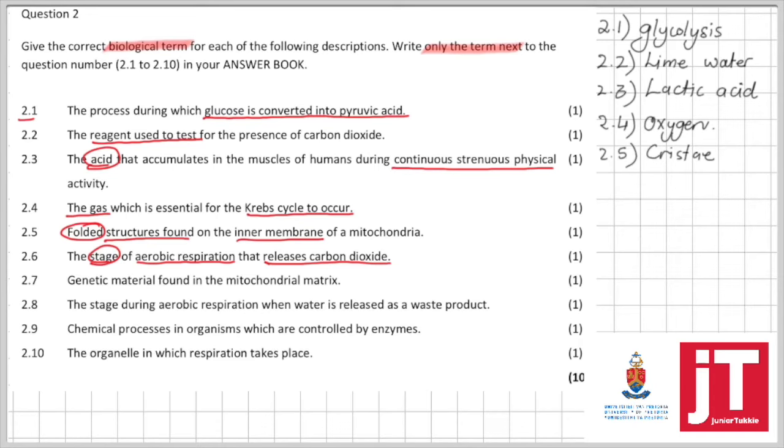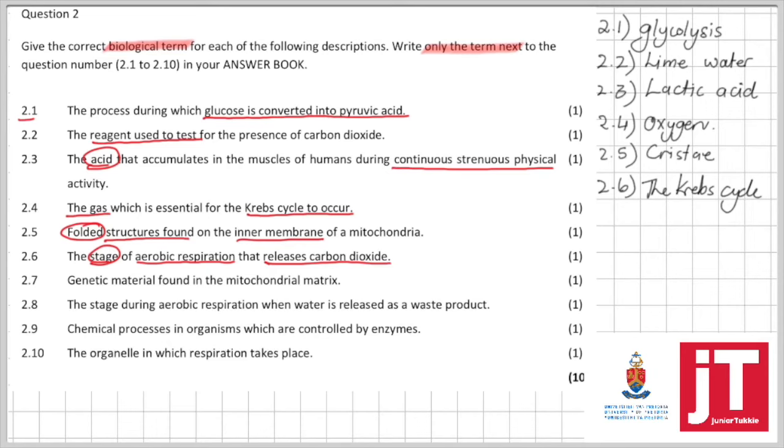Now I know, junior techies, you've studied your work well. You should know that carbon dioxide is a product of the Krebs cycle. So we're looking for the Krebs cycle.